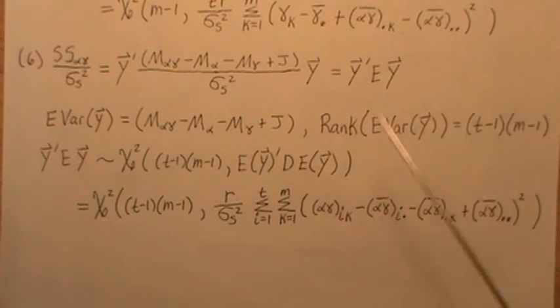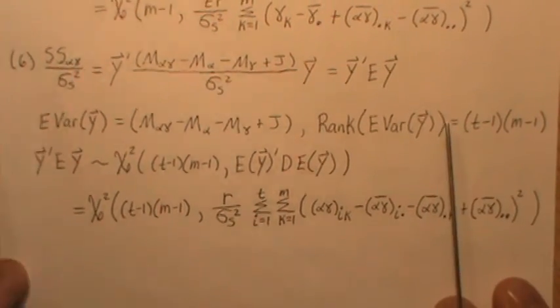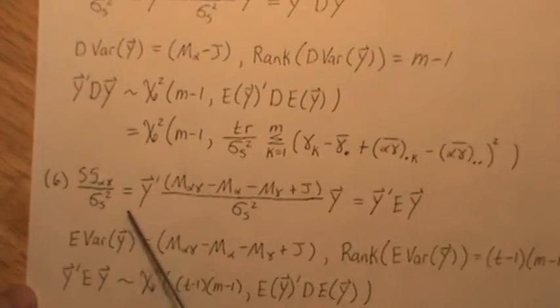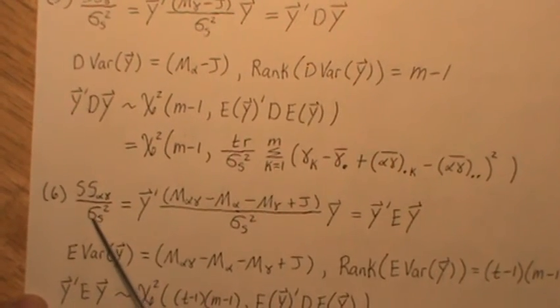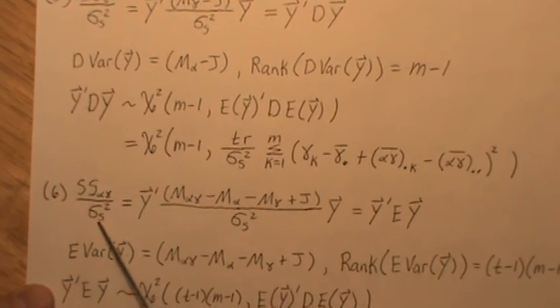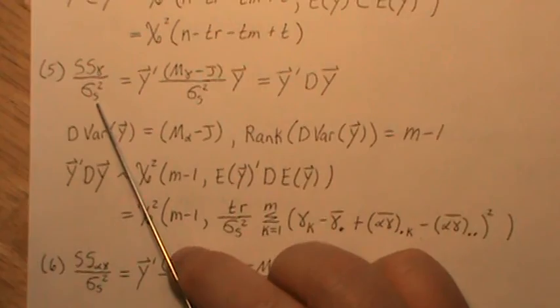Now this becomes important. Next video we're going to look at the F tests associated with the different sums of squares, and it makes a difference. Notice that in some of these we only divide by sigma s squared, or the variance associated with the split plot randomization, right?